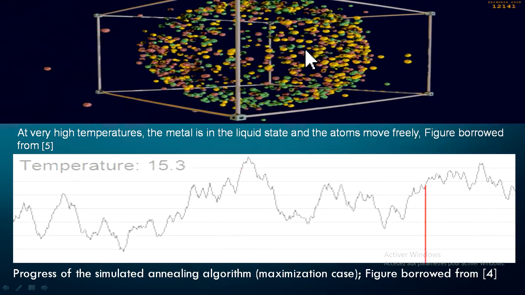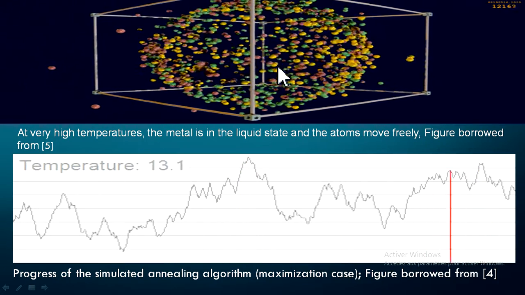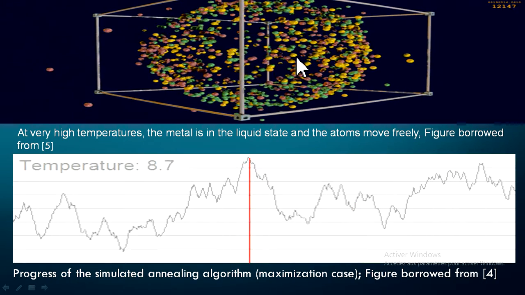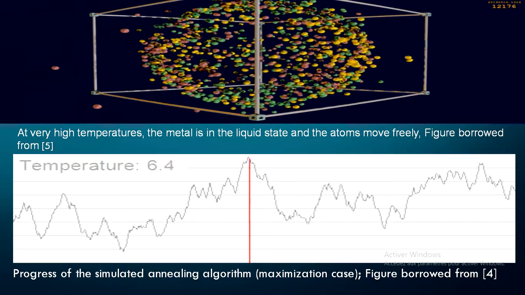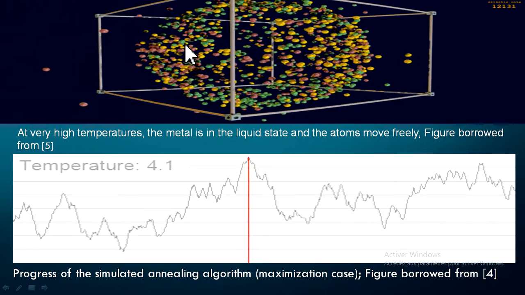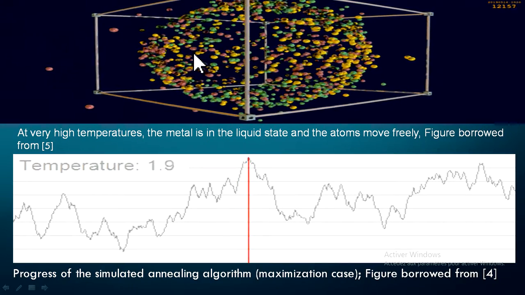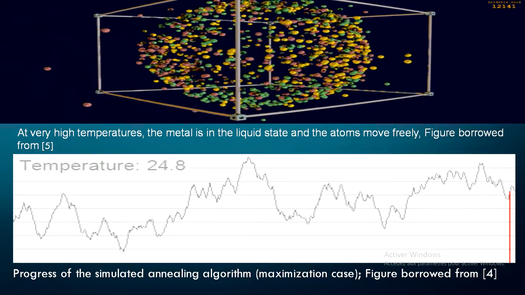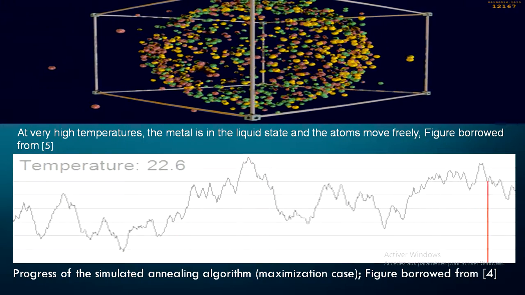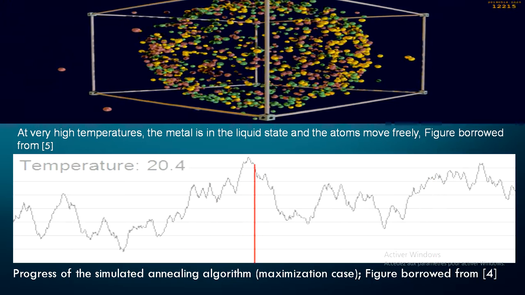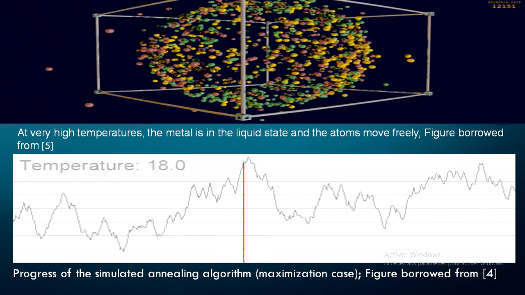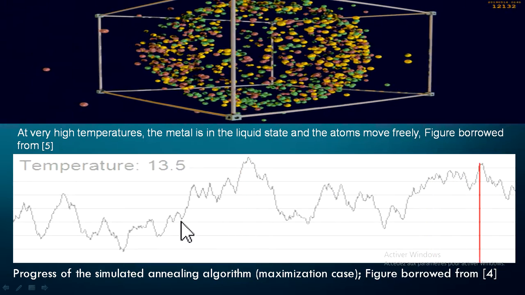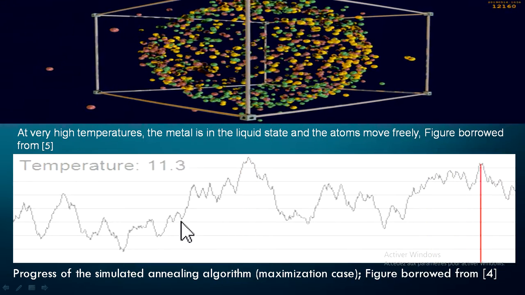We see that these atoms are dynamic. They move freely. When we have a temperature change, the metal takes its form. And this is the process of the simulated annealing algorithm.